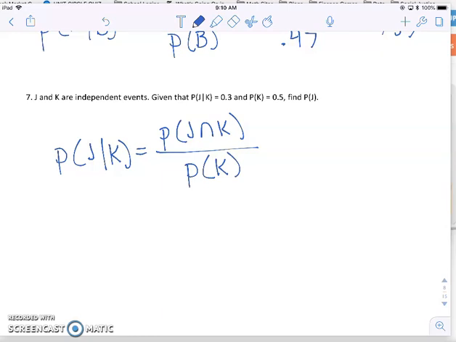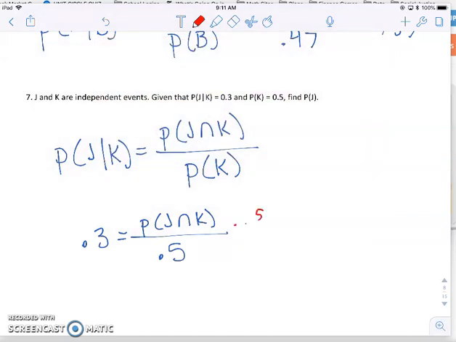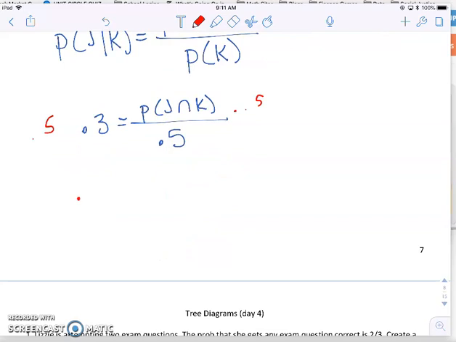The probability of J given K, so 0.3 equals the probability of J and K divided by our probability of K, which is 0.5. So if we solve this and multiply by 0.5, we have 0.15 equals the probability of J and K.